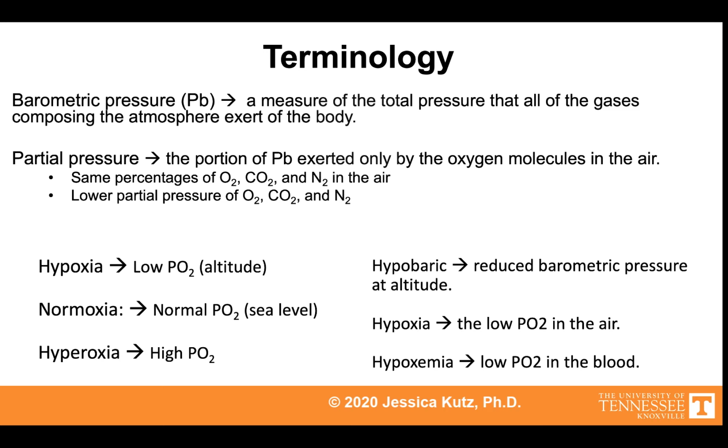So on the lower right-hand side, make sure you're differentiating between these two terms, because technically one term is describing partial pressure in the blood, whereas hypoxia is defining partial pressure of oxygen in the air.